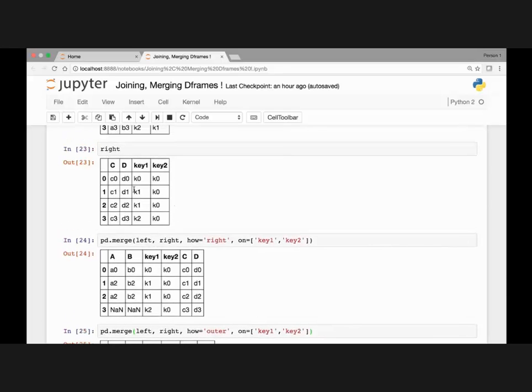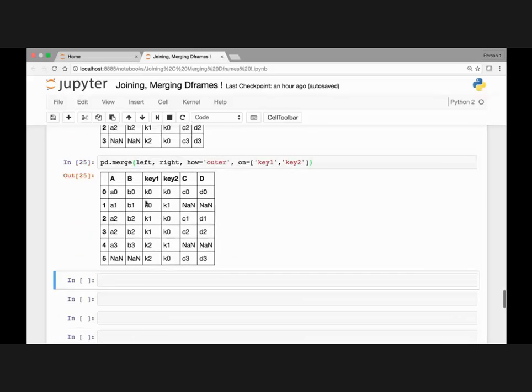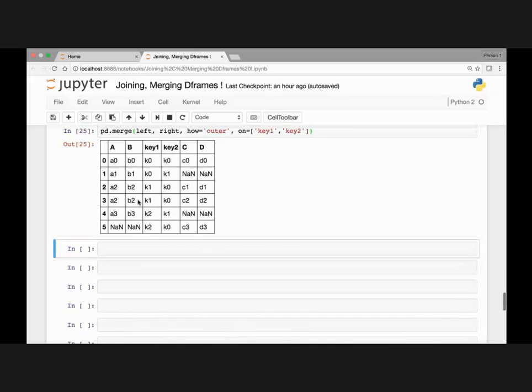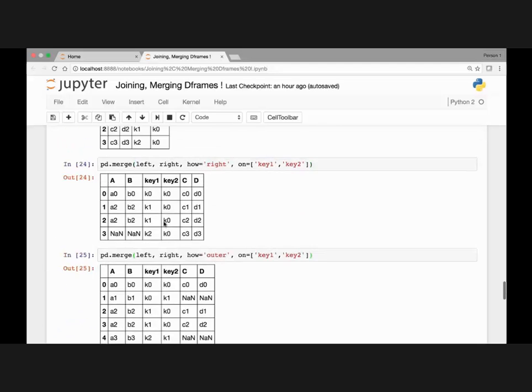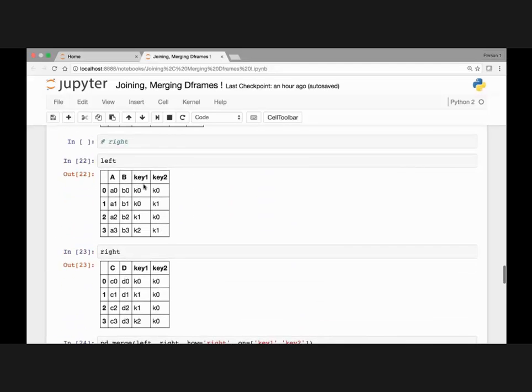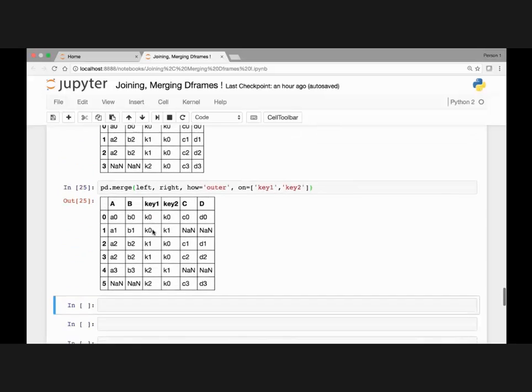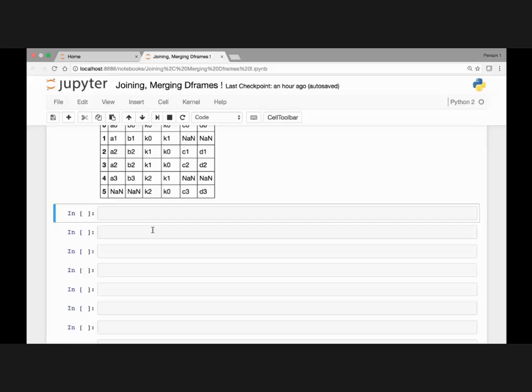K0 and K1, we don't have K0 and K1 in the right data frame. Similarly, if you look at the K2 and K0 combination, it's missing in the first data frame, which is the left data frame. Hence, no value. So K2 and K0 is missing in the left data frame. Good.